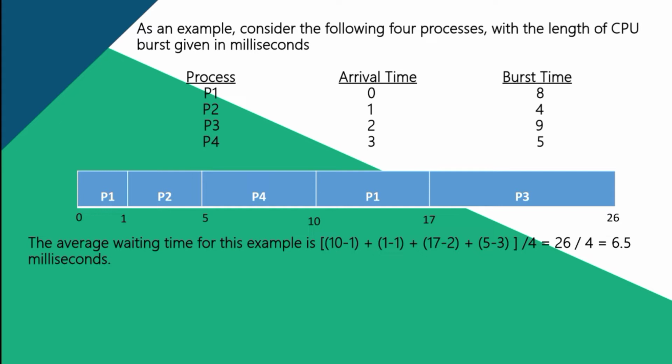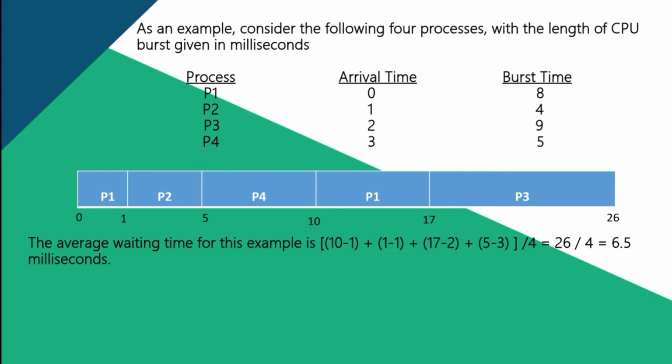And next is P3. So here, 17 burst time. P3 needs to wait 17 milliseconds to be allocated in the CPU.